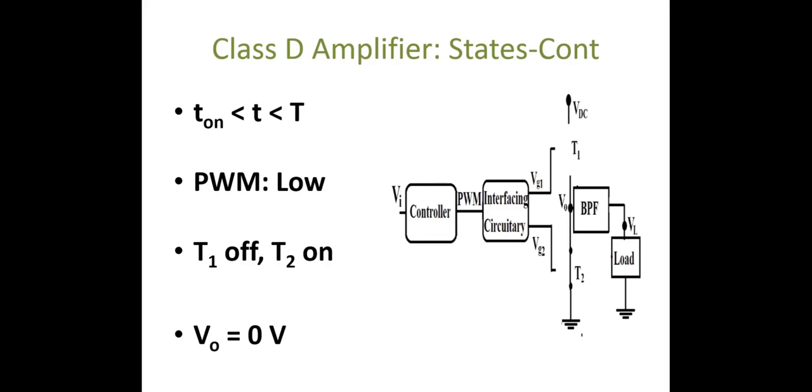So now T1 is off and T2 is on. So V naught is short circuited through T2, whereas it is isolated from VDC by T1, which is an open circuit.